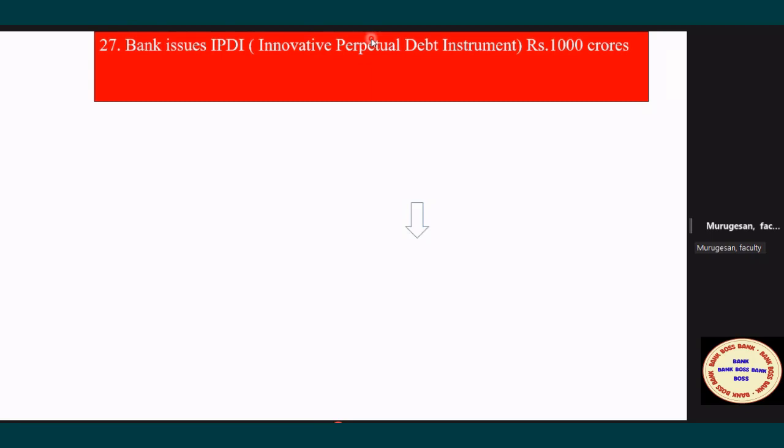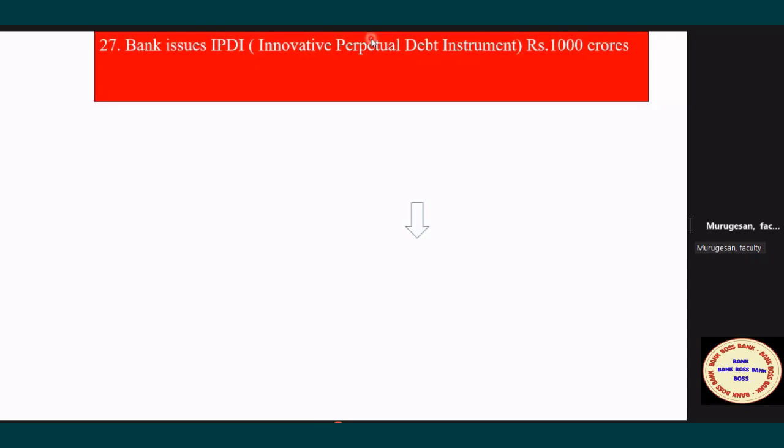Normally these perpetual bonds, this innovative debt instrument, will always attract a slightly high rate of interest because the investor is going to be blocked for an indefinite period. Perpetual means the due date will not be predetermined. I think all of you are aware of the concept. It will be issued without indicating the due date.